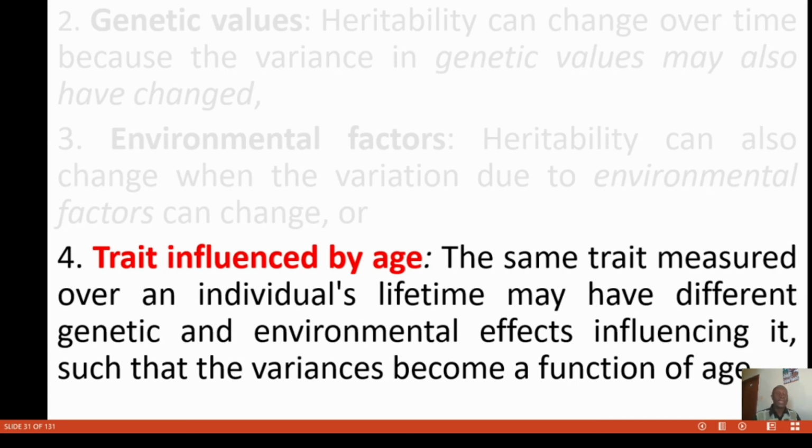Then you can begin to see that if we measure the same trait over an individual's lifetime, it may have different genetic and environmental effects influencing it, such that the variances become a function of age.